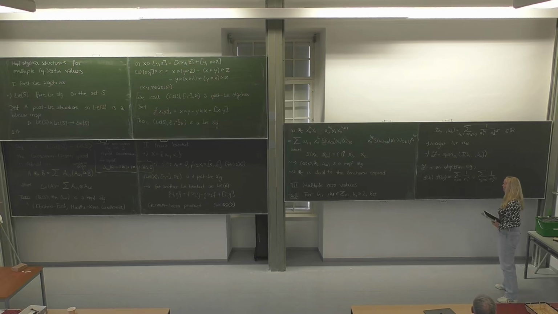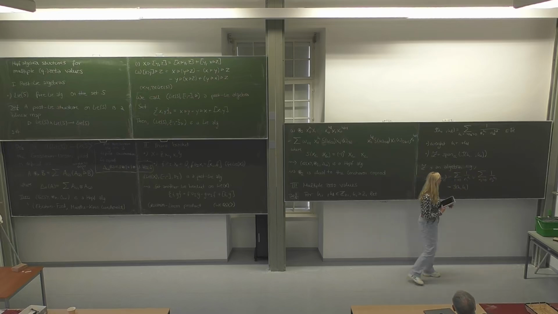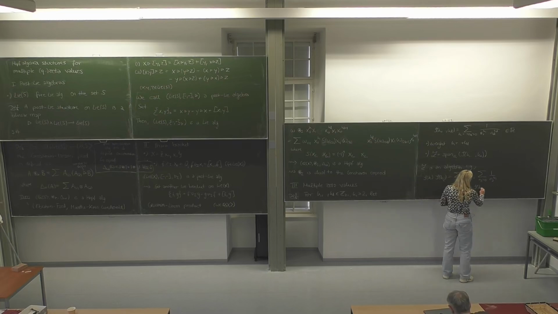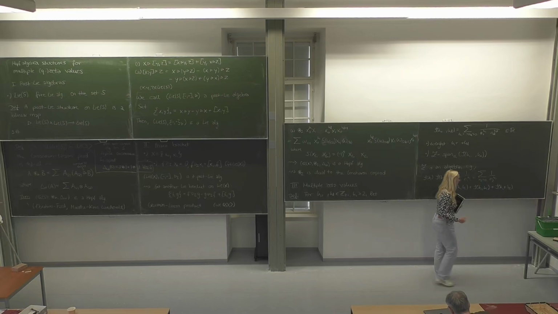And the idea to multiply them is just to order the sums. So either I can take the ordering where n1 is strictly greater than n2, which is by definition then zeta of k1, k2. Or I can take the order where n2 is strictly greater than n1, which would be zeta of k2, k1. Or the last option would be that n1 and n2 agree. Then I can just add the exponents and get zeta k1 plus k2.